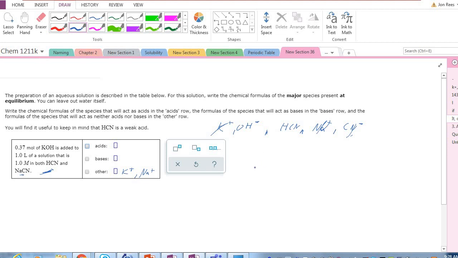Okay, so what do I have in here? I have a strong base right there. Okay, so I go ahead and put the KOH just to make it simple. Okay, and it's going to react with that weak acid, the HCN. Okay, and that then is going to give me some CN minus plus some water.